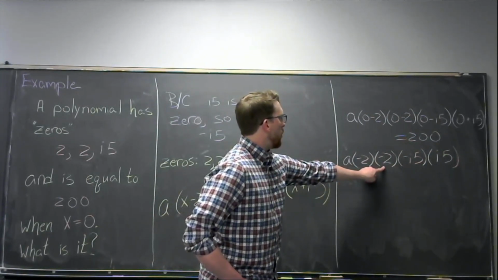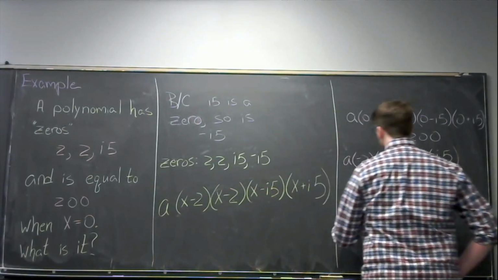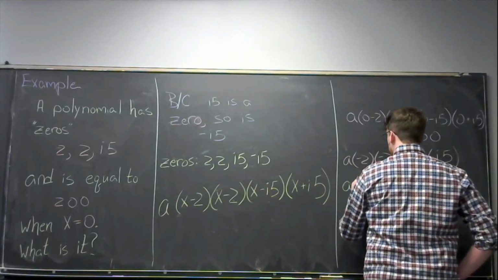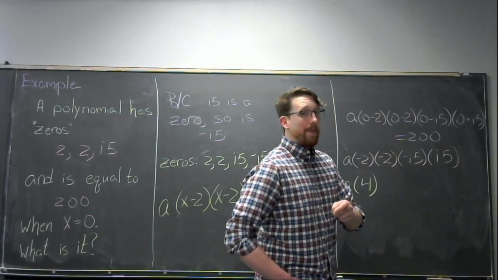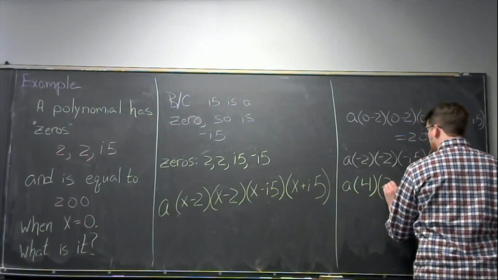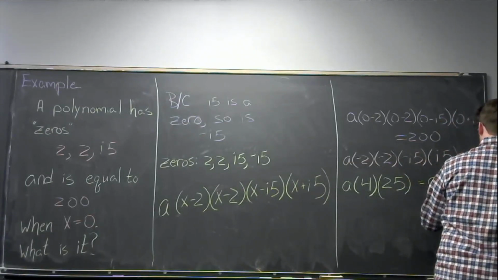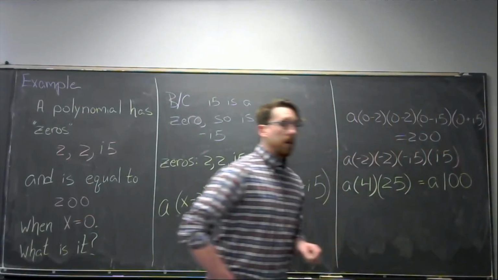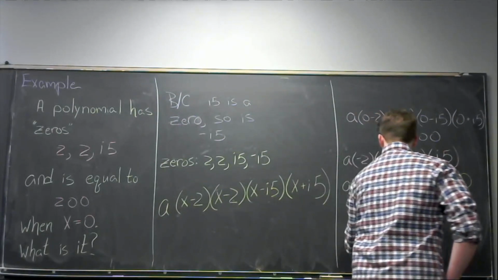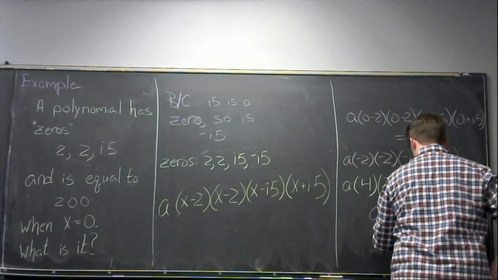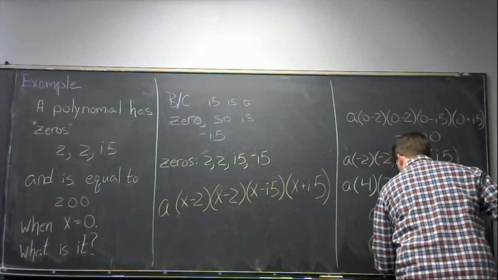These two are going to give us positive 4. So we're going to have a times 4. These two, when we multiply them together, will give us 25. Which is equal to a times 100. What we have now is that a times 100 is equal to 200, or a is equal to 2.